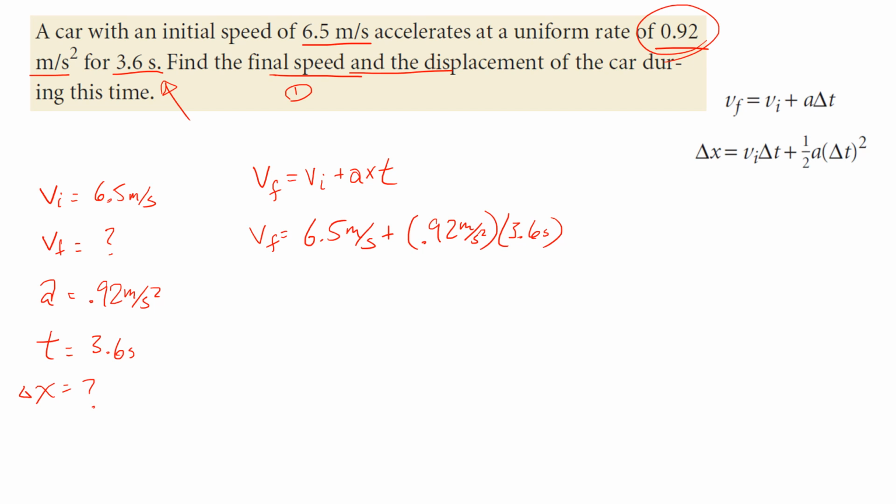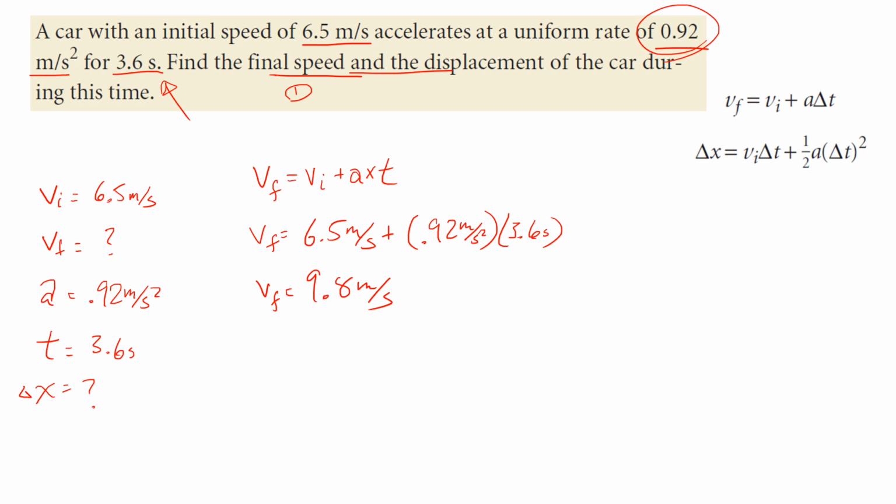I'm going to plug that into the calculator. 0.92 times 3.6 plus 6.5, and I got my final velocity is equal to 9.8 meters a second. Good.